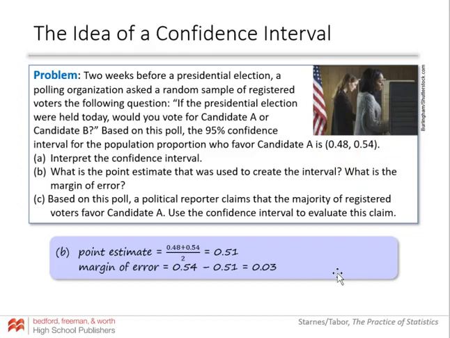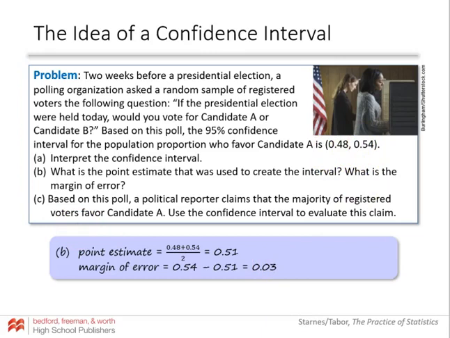The halfway point between these two would be 0.51. That's the sample that we actually took. From our actual poll, the sample proportion that we got was 0.51. Then the margin of error: to get from 0.51 to 0.54 is a distance of 0.03. That is the number that we subtracted and added to get to our confidence interval.